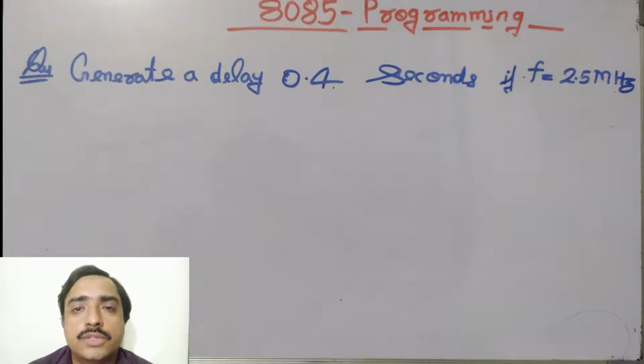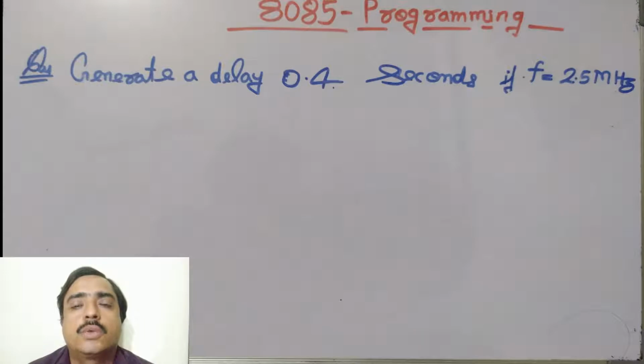In this question it is given that the frequency is 2.5 megahertz, or the question can be changed and the frequency may be 5 megahertz. Then you have some idea about which delay counter should be used for the solution. It is a general idea that the 8-bit delay counter will produce a small delay and the 16-bit delay counter will produce a large delay.